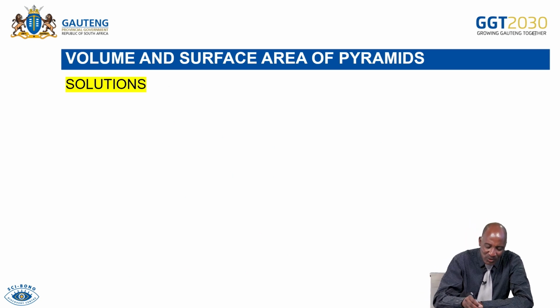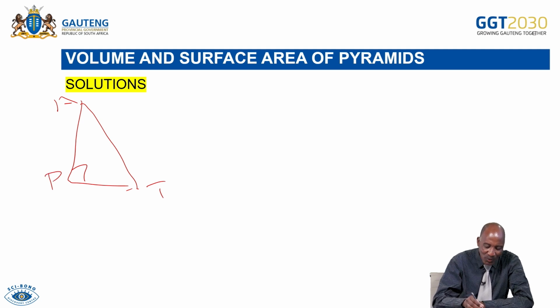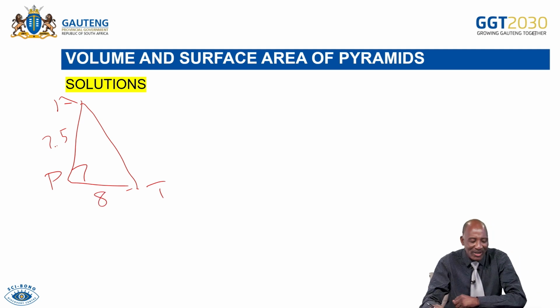We are going to extract our triangle. This is our T, this is our A, this is our 90, this is our AP. We already know AP is 7.5. And then we know this is 8. Remember, it's going to the center of the circle from T, which is half of 16.